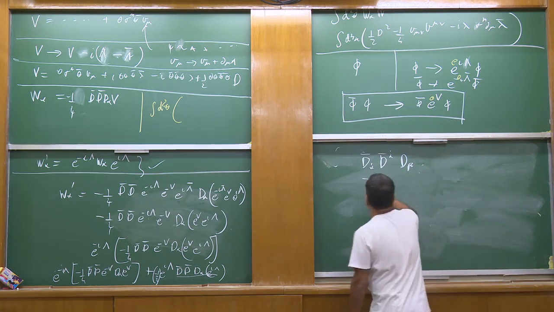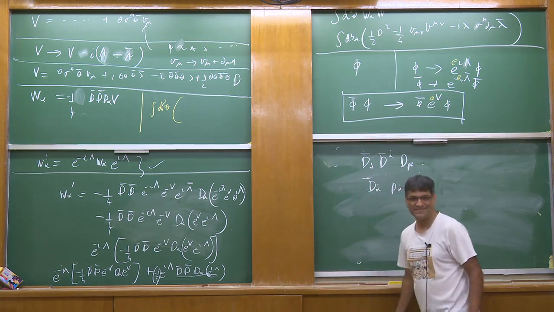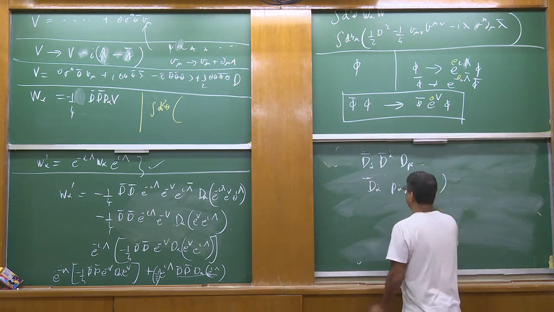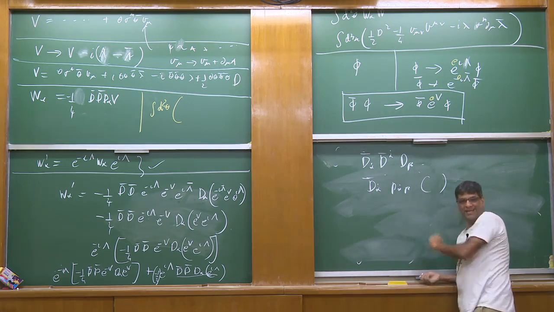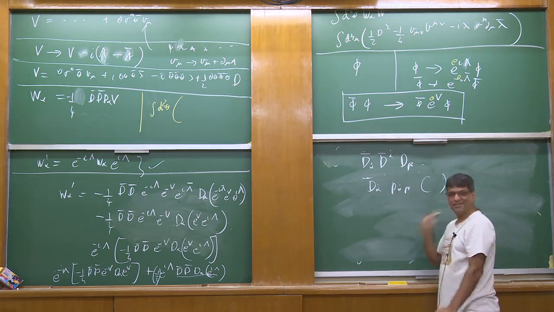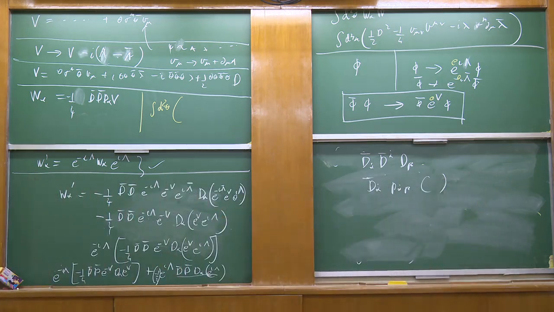Now what remains is the anti-commutator. But the anti-commutator is d bar alpha dot p alpha dot beta on a chiral superfield. Schumann's point was that this d bar commutes with the p, so when it hits the chiral superfield, it gives you 0. Thank you, Schumann, Chintan, Diksha. You checked the book.